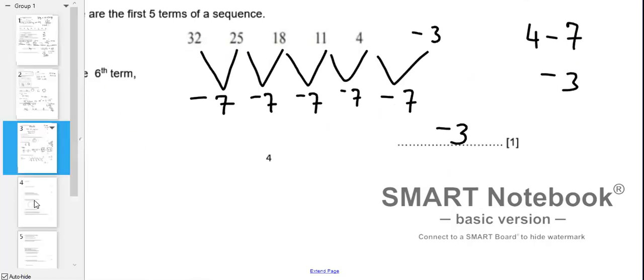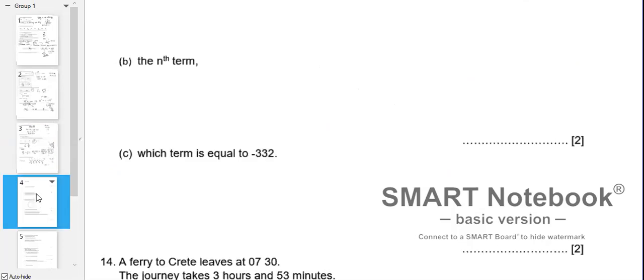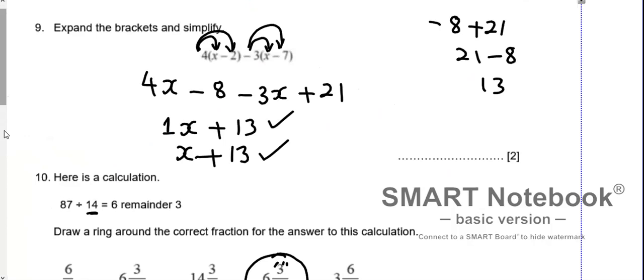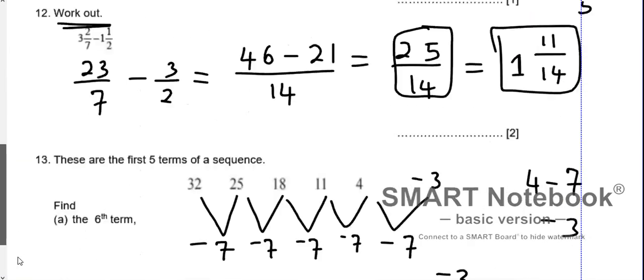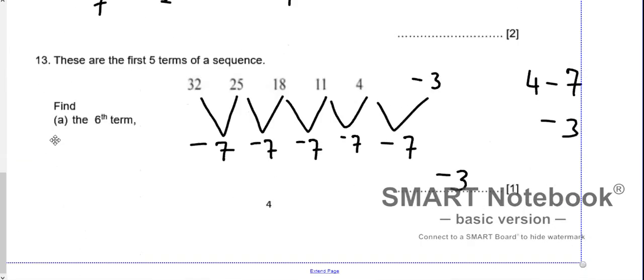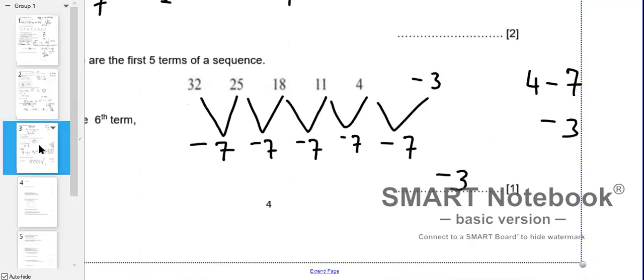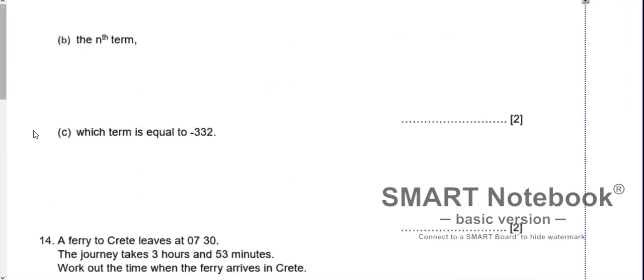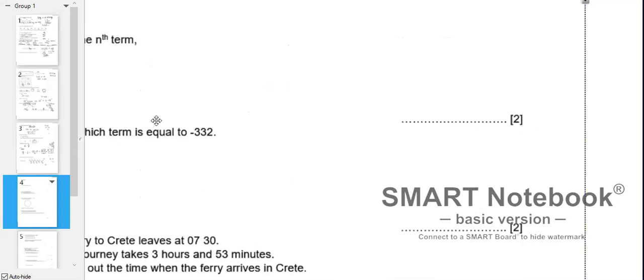And then the next question will be finding the nth term. Okay, let me try to check. All right, so we have 13A, then 13B. The nth term. Okay, we need to go back to the sequence.